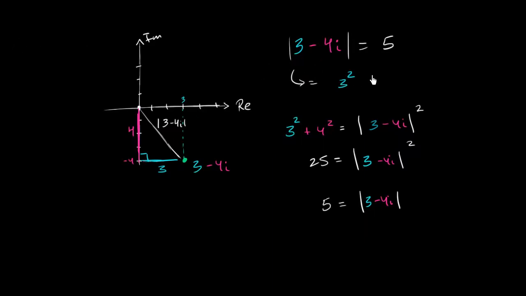So let me write this. Add them together, and then take the principal root, which is just the positive square root. So that's going to be the square root of 9 plus 16, which once again is equal to 5.